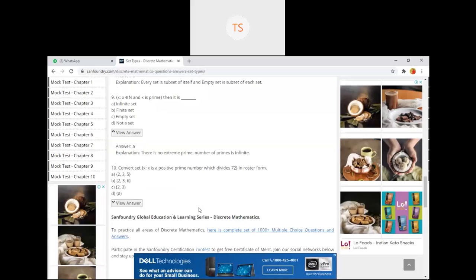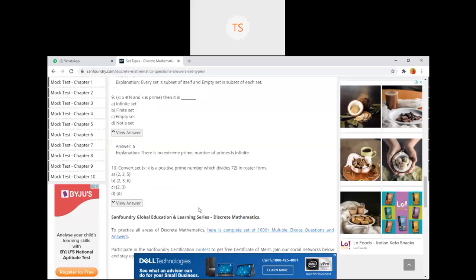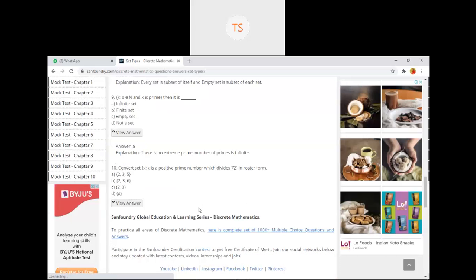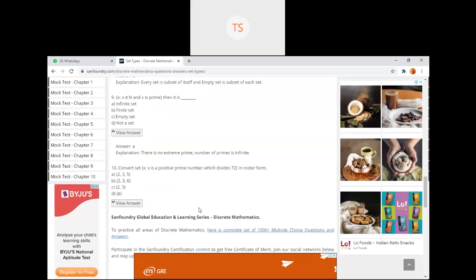Now the last one, question number 10. Convert the set of x where x is a positive prime number which divides 72 into roster form. That means you have to choose those prime numbers which divide 72.